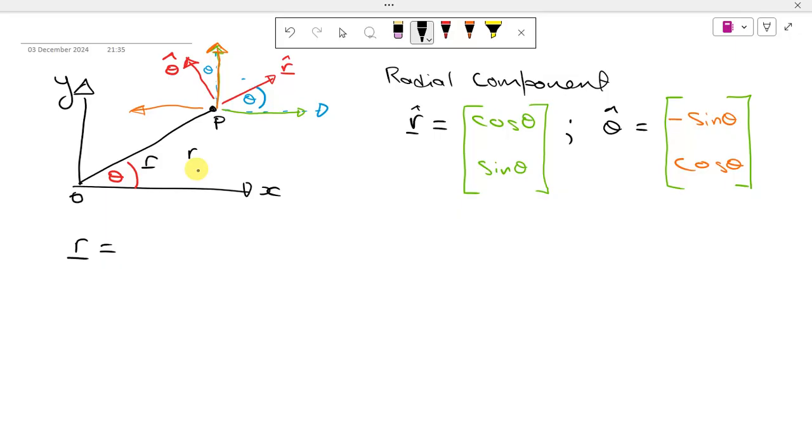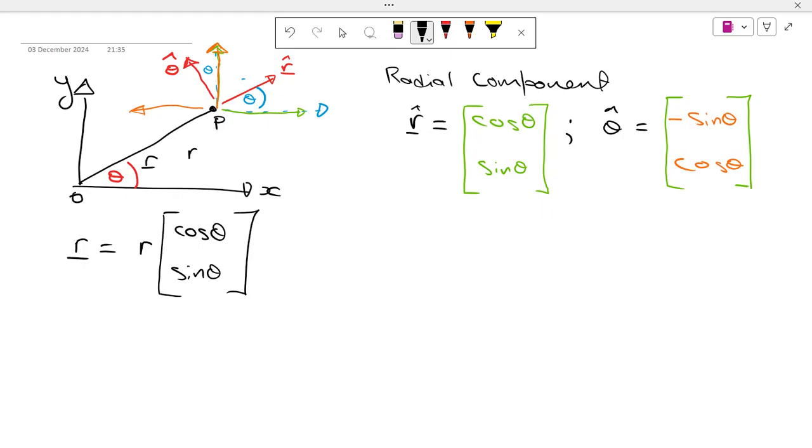So r can be resolved horizontally, so we get r cos theta, and then we can resolve it vertically to get r sine theta. We'll just write it like we did above, so that we have r cos theta plus r sine theta. So that's the polar nature of that radial vector.